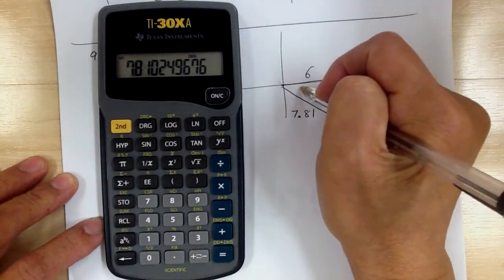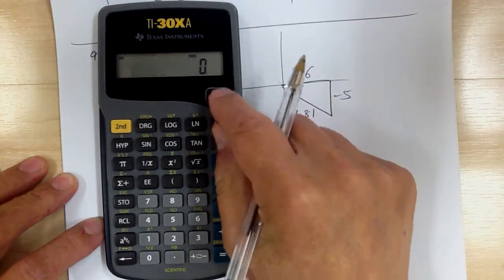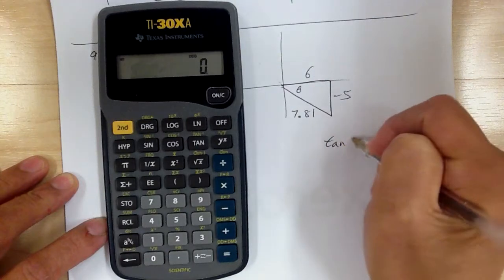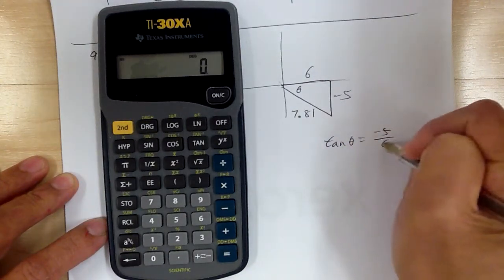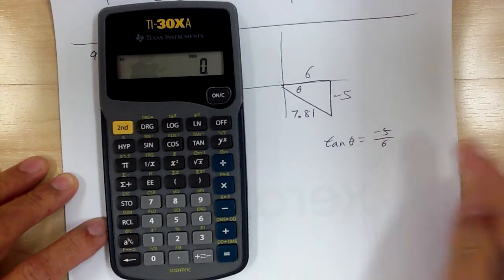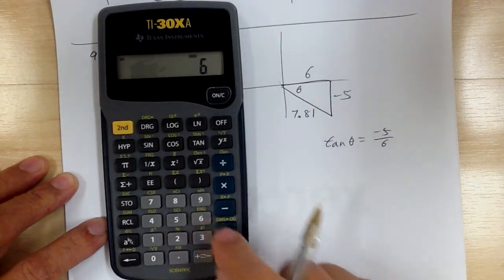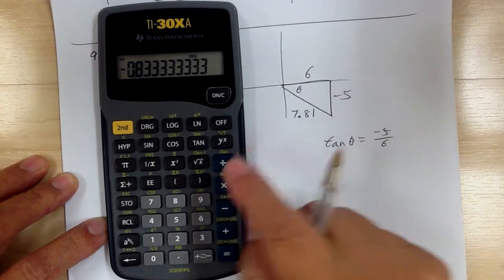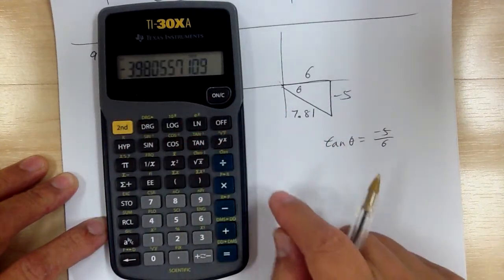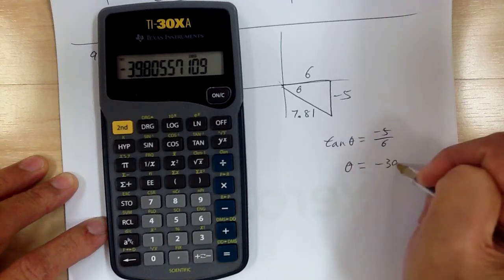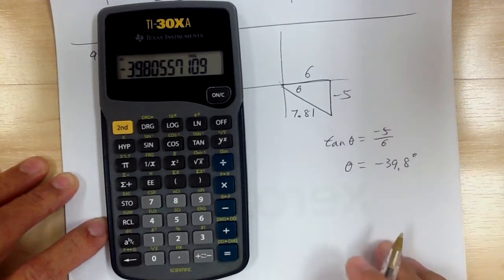Now for this angle here, the theta, what you do is use tangent, right? So tangent theta equals negative 5 over 6. So negative 5 divided by 6, and you take the second function, second tangent. So theta equals negative 39.8 degrees.